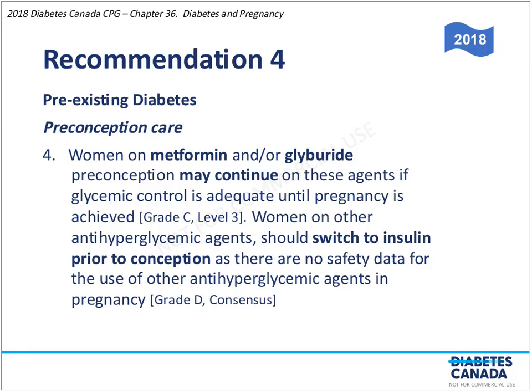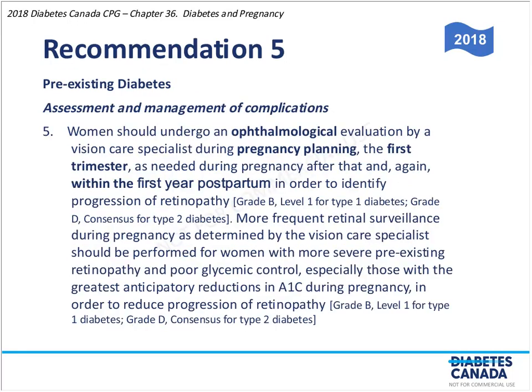They would confirm a pregnancy, and then they would get referred to the diabetes clinic, and it may take 2 to 4 weeks to get into the clinic, in which time the physician has asked the patient to stop the metformin. So they have 2 to 4 weeks without any medication, and the blood sugars go up, and that's clearly not the right thing to do. So until they are switched to insulin, then the metformin and glyburide can continue.